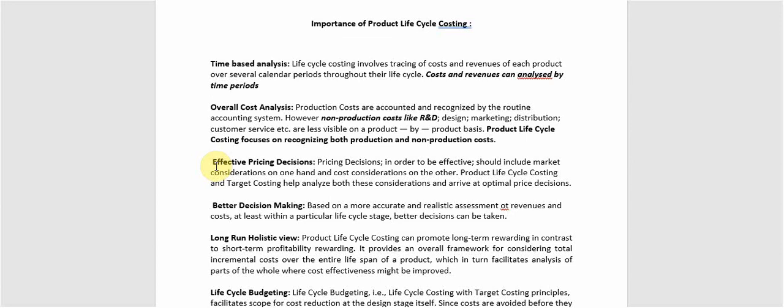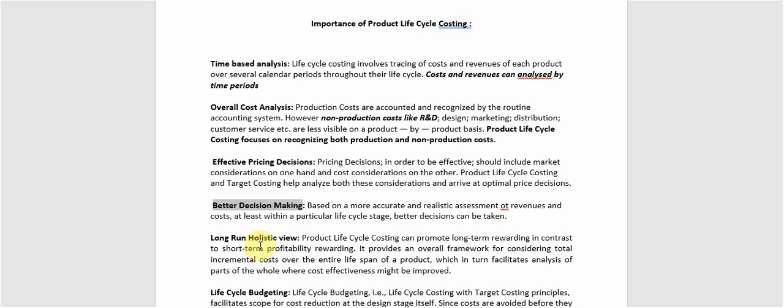If it is the first stage of the product, the price will be lower, and if the sales volume is slowly increasing, we can increase the prices also. It helps with better decision making, because if a product is at the declining stage, obviously we have to reduce the prices, right?